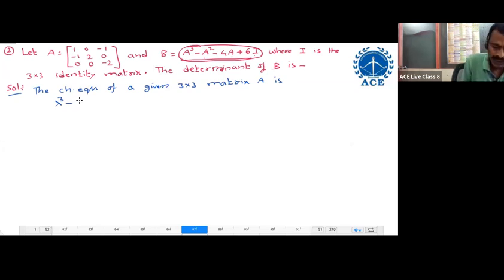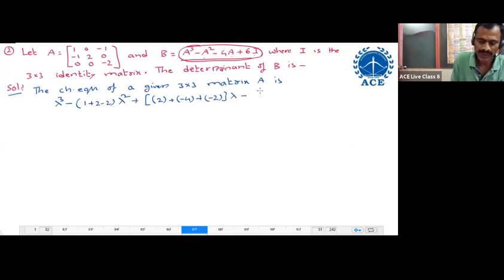So lambda cube minus sum of the diagonal elements, 1 plus 2 minus 2, into lambda square, plus the very first 2 by 2 minor 2 minus 0 is 2, plus the very last 2 by 2 minor minus 4, plus only corner elements minus 2 minus 0 is minus 2, into lambda, minus determinant of the matrix.